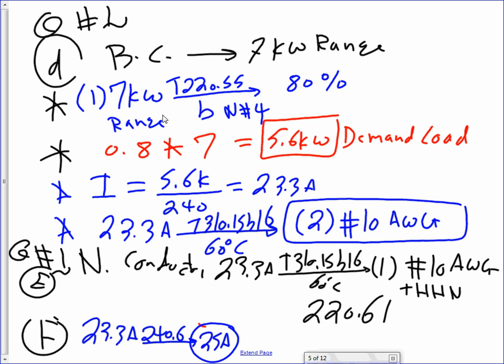So when you come to the neutral for the branch circuit, do not apply the 70%, only for feeders and services. I thought so, but I don't know what I was drinking this morning. Okay, 23.3 amps. Can you see it's exactly like the hots? We just don't apply it because it's a branch circuit.